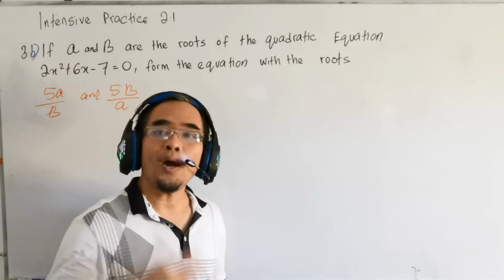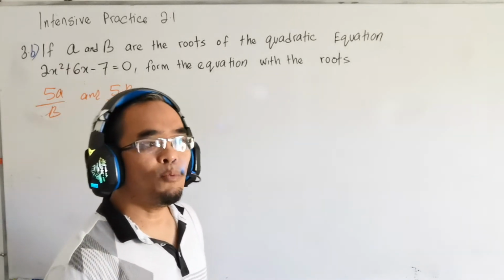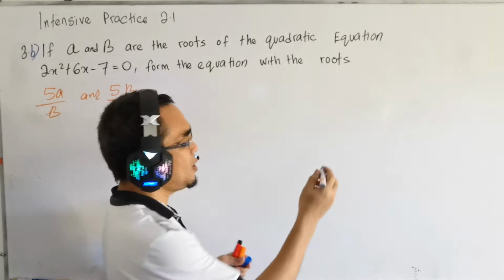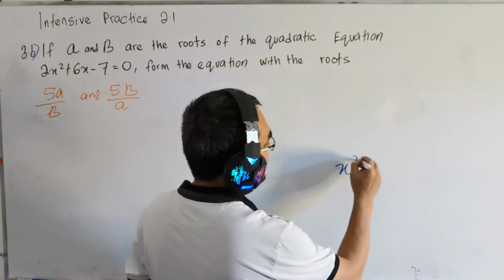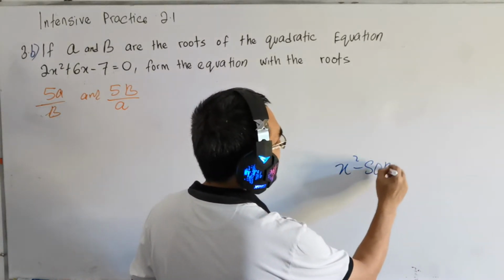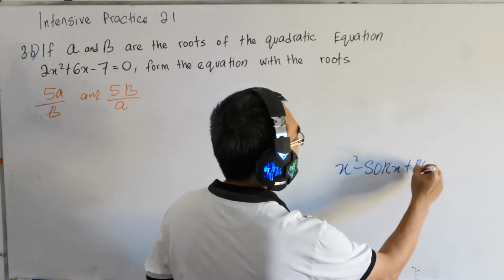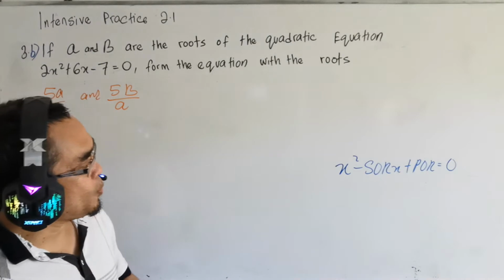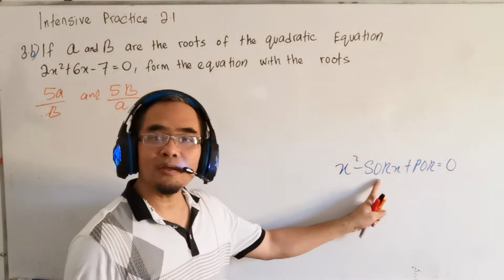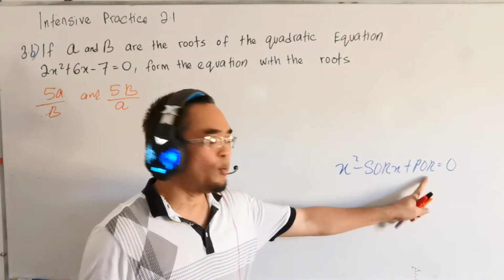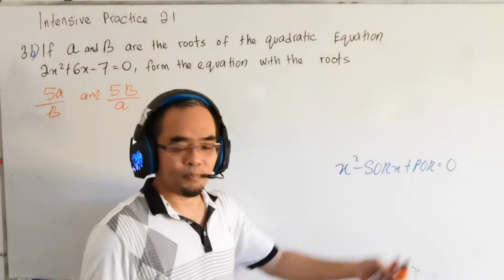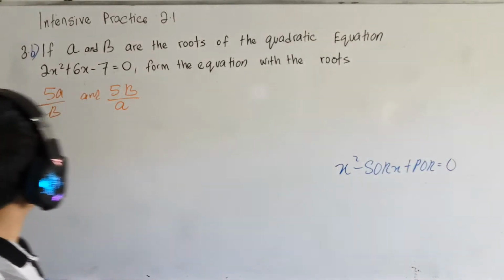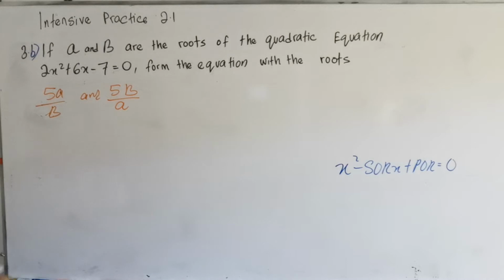First, what is the formula for the quadratic equation? It will be x squared minus SOR x plus POR equals 0. So we need to find SOR, the sum of roots, and POR, the product of roots. Let's find the SOR and the POR.